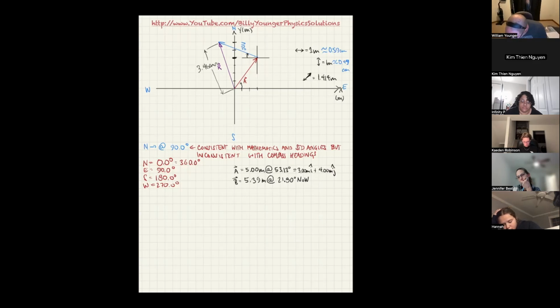That means my measurement upward is about 2.94 centimeters. And then I'm going to take my 2 to the left and multiply that by 0.59 because that's how wide the rectangle was. And that gives me 1.18.